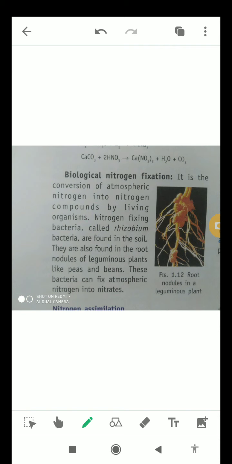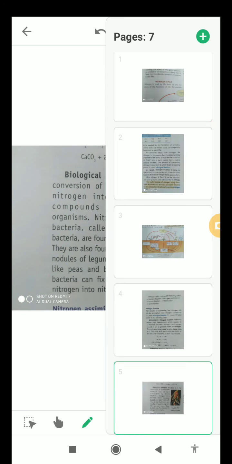Rhizobium bacteria, as I told you, are found in the soil and in the root nodules of leguminous plants, like peas and beans. These bacteria have the ability to fix atmospheric nitrogen into nitrates. As you can see in the diagram, root nodules in leguminous plants look like this.